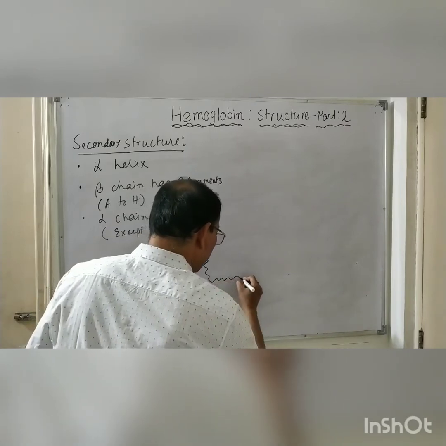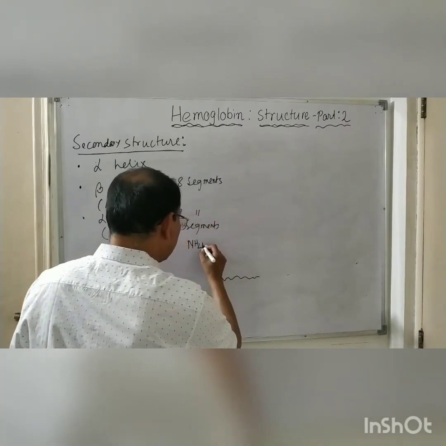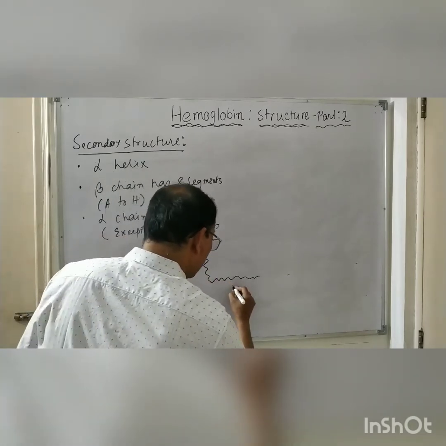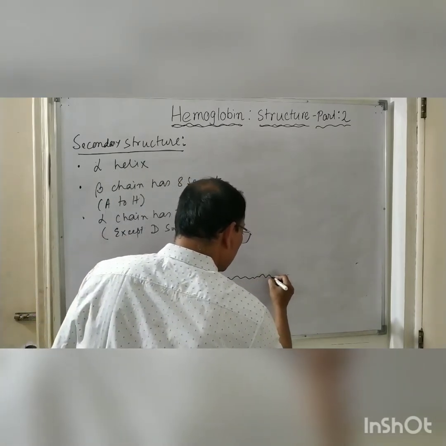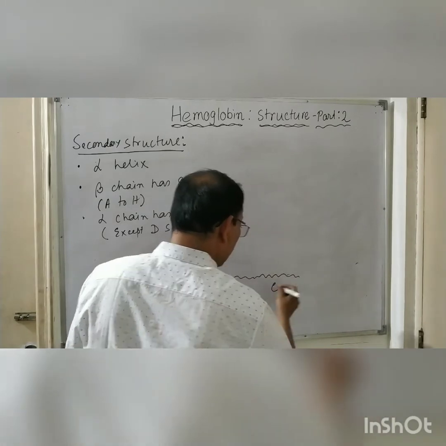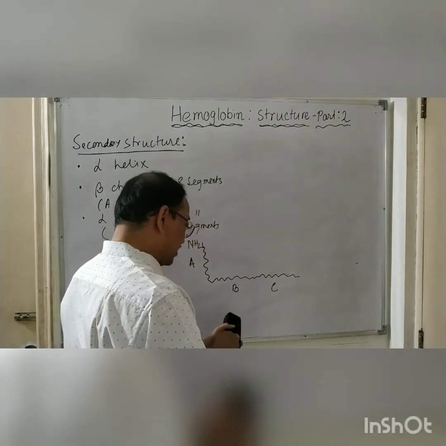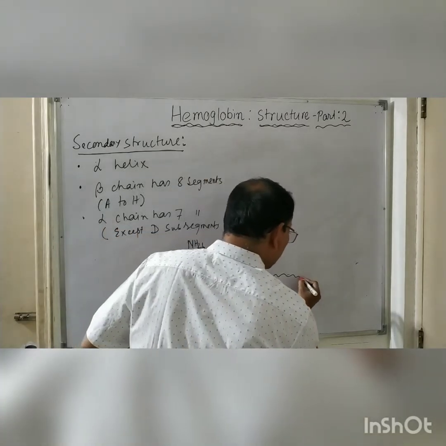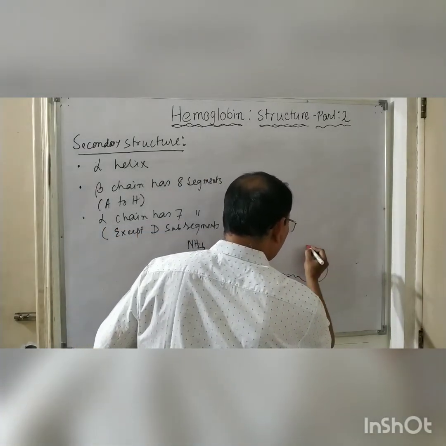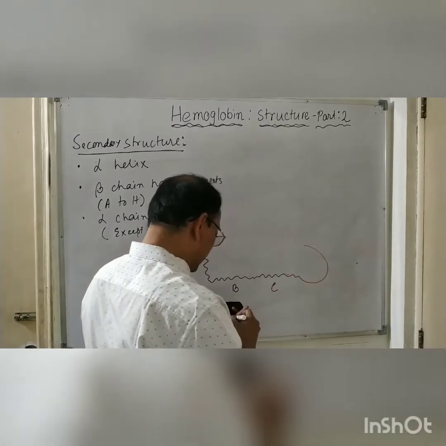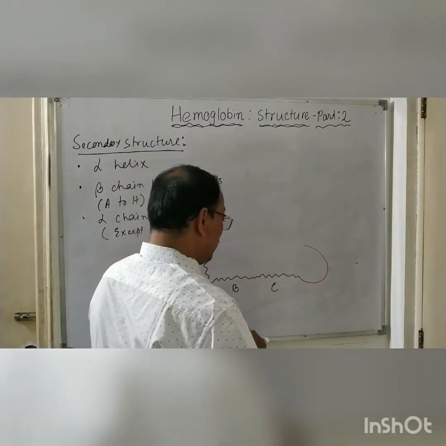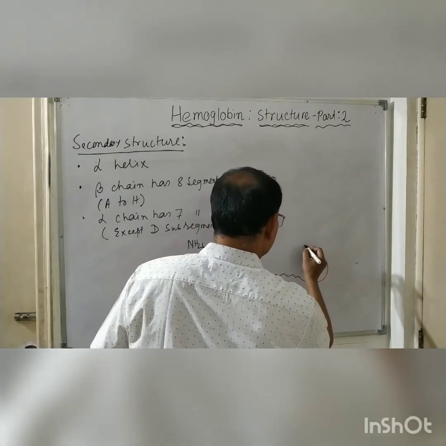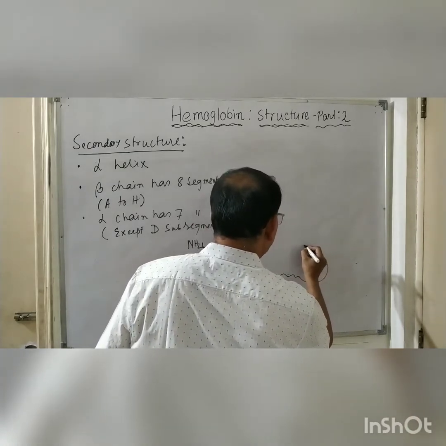This is the A subsegment, B subsegment, C subsegment. After the C subsegment, there is a loop, and this loop connects with the E subsegment.